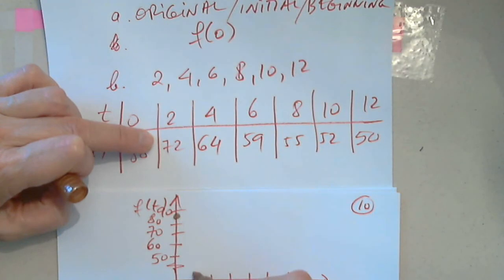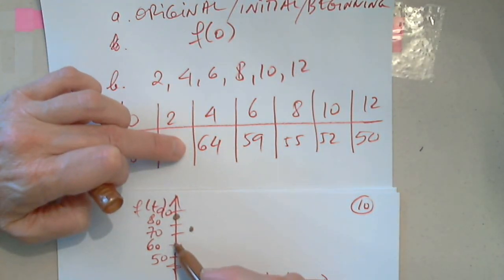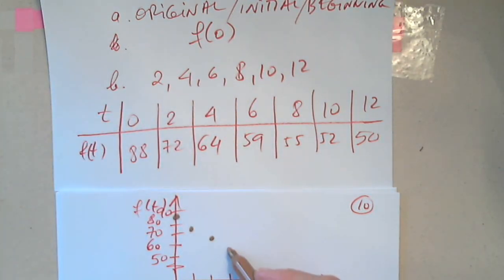At 2 is 72. At 4 is 64. At 6 is 59. At 8 is 55. At 10 is 52. And here roughly 50.